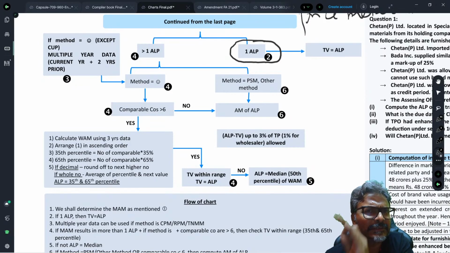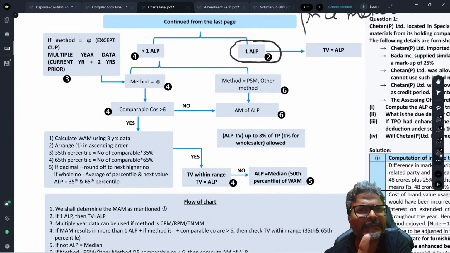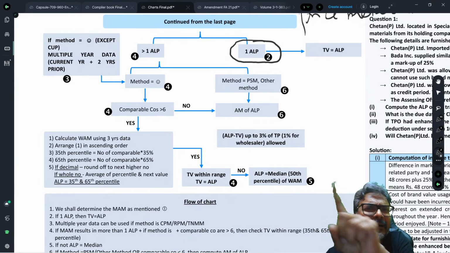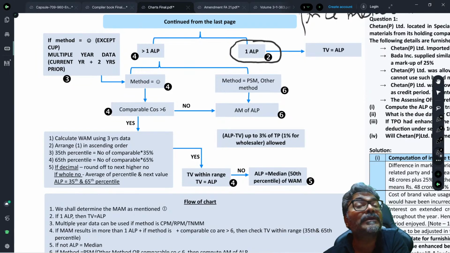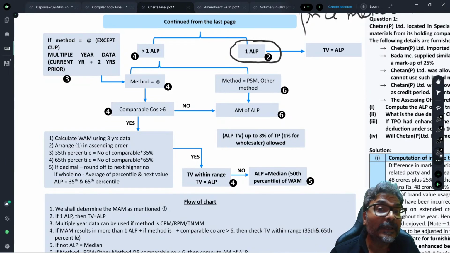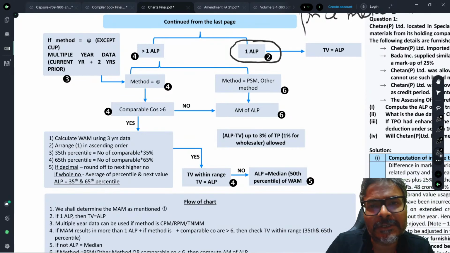99% of the questions in the examination that we have got up till now are based on one comparable data. So in that case, if it is one comparable data, apply the uncommon factor, get the ALP. But what if there is more than one comparable data? Then what do you do? If there is more than one comparable data, students, in that particular case, the game changes.